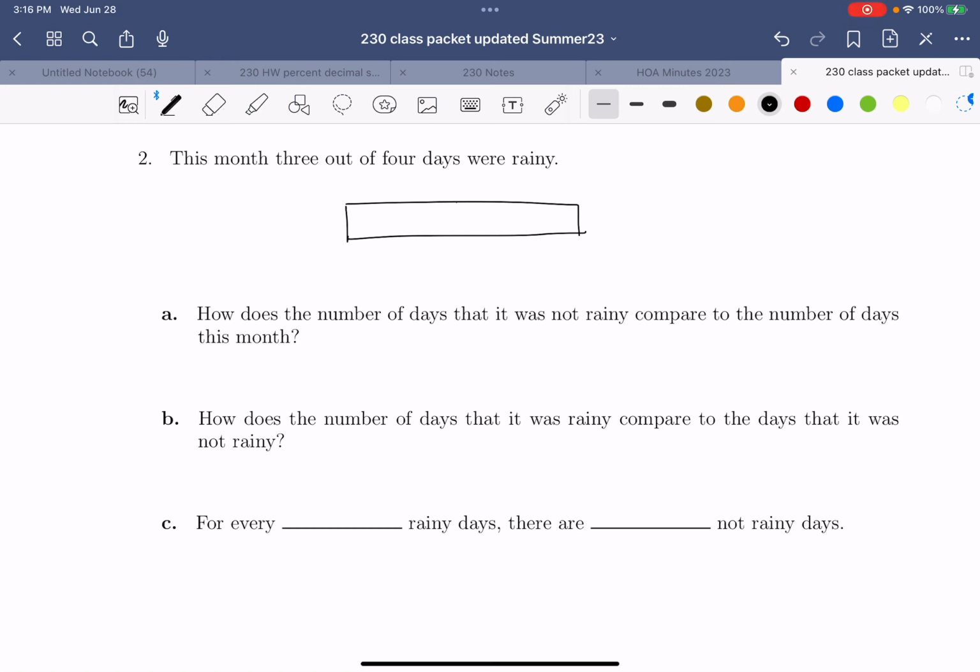That means I'm going to divide my box into 4 sections, and 3 of those are rainy days. This one is going to be not rainy. Then I can use that with my boxes to answer the questions below. So again, another option. If you want to stick with your R's and N's for rainy and not rainy, that's totally fine as well.